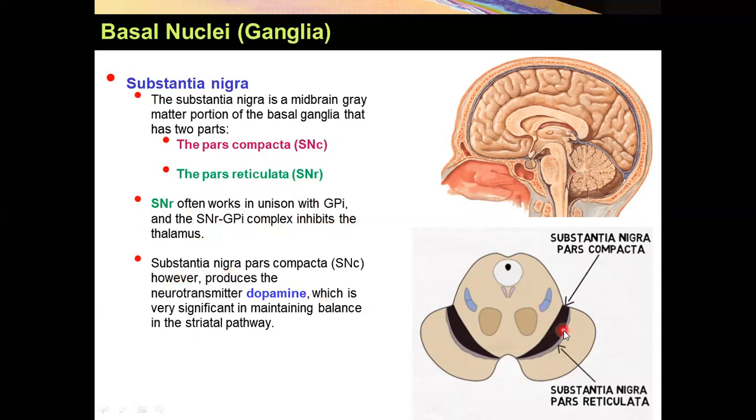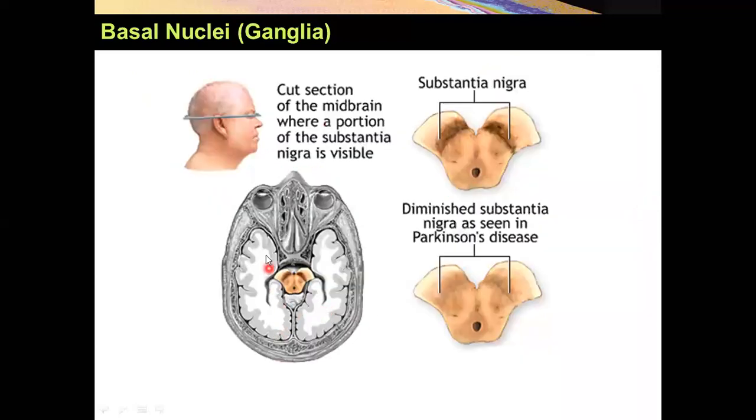Substantia nigra pars compacta here, however, produces the neurotransmitter dopamine, which is a very significant neurotransmitter in maintaining or sustaining balance in the striatal pathway. Okay, so there is a transverse section taken through the level shown here.